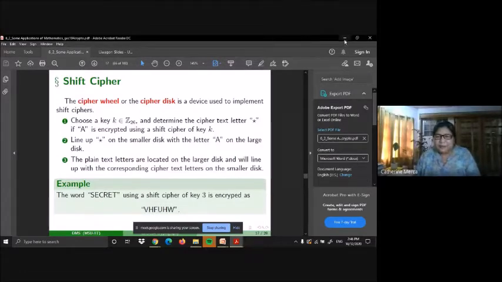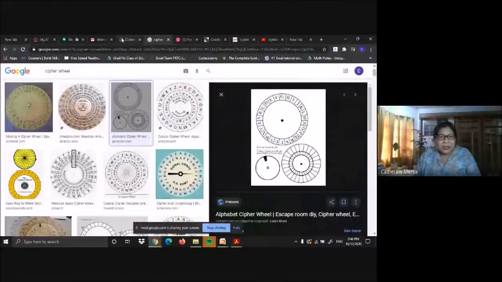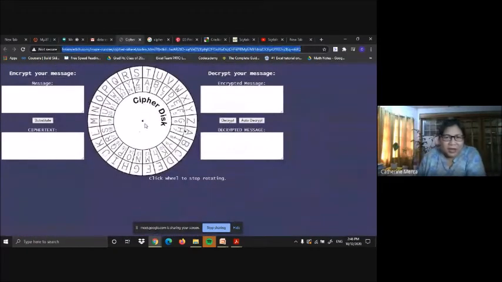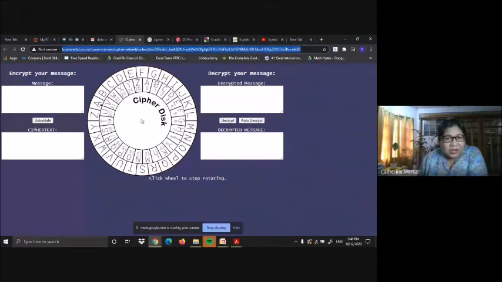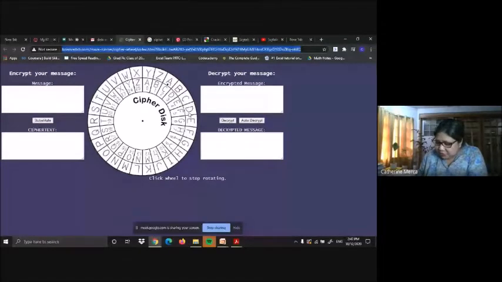Why? Let me show you why. Let's use the online cipher wheel. This is the online cipher wheel I mentioned. Use this first for your assignment on Thursday. For example, the word SECRET: let's encrypt it with a shift cipher of key 3.